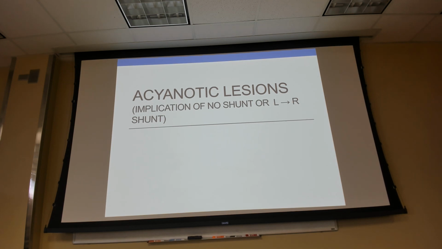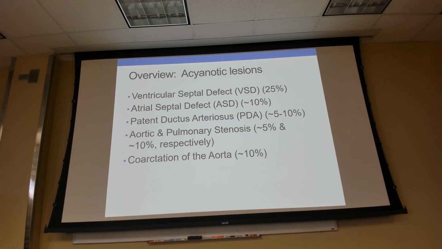So these lesions are all not blue babies originally. You have a ventricular septal defect, atrial septal defect, PDA, your stenosis, and then your COA. So we'll talk about all of these in detail. But all of these are going from that higher pressure left side to lower pressure right, acyanotic.